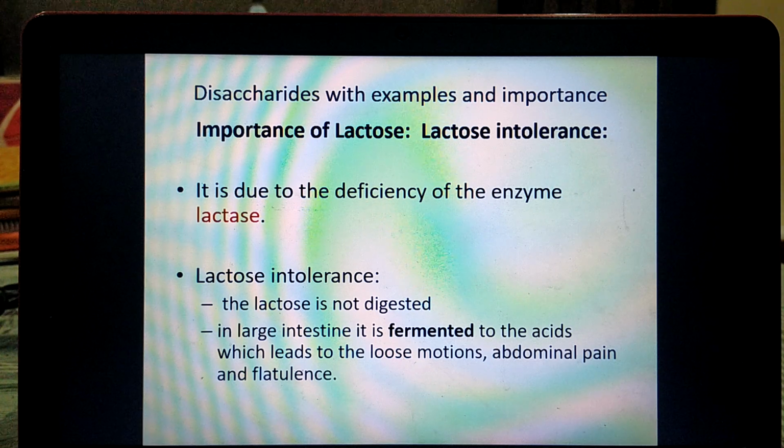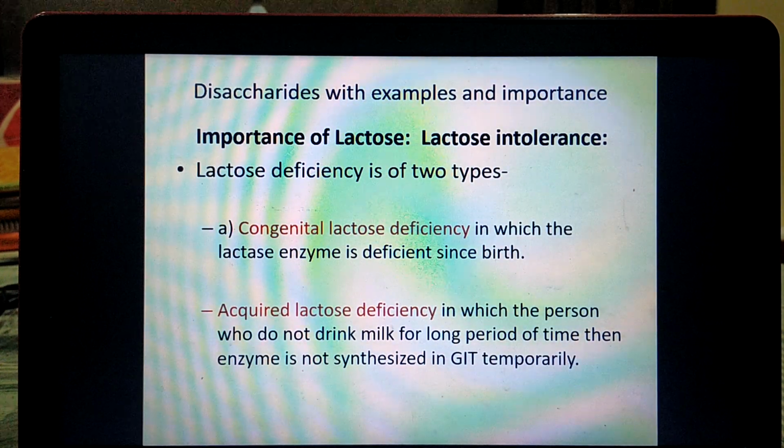Therefore, it is not absorbed, and this lactose enters into the large intestine where it is fermented into acid by the bacteria present there, and this acid then causes loose motion, abdominal pain and flatulence.